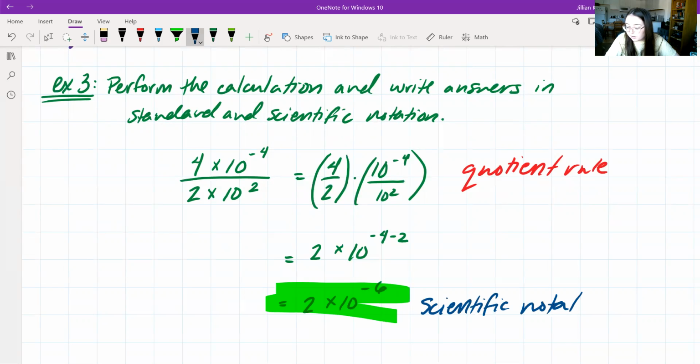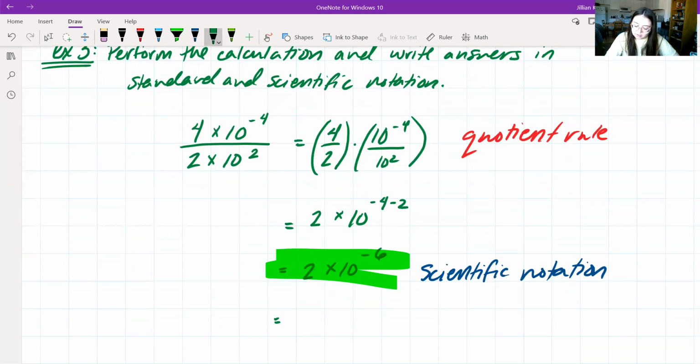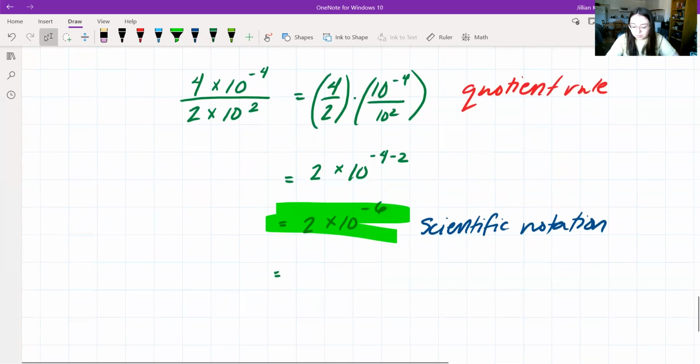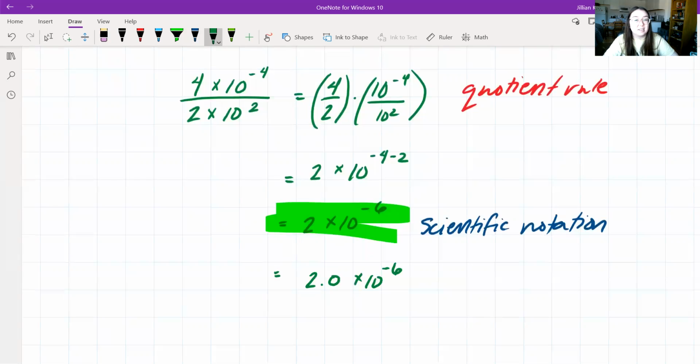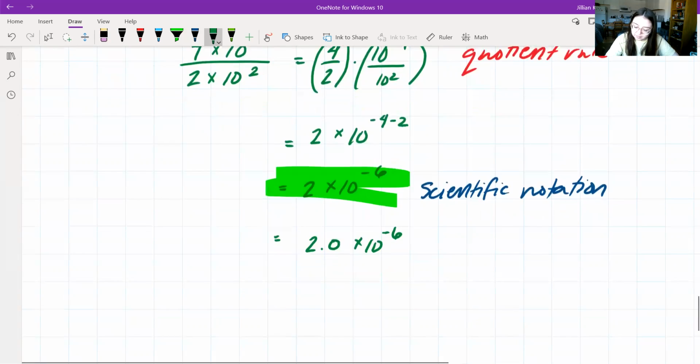But we also want our answer in standard notation. So if we have 2.0, we are now going to move our decimal place 6 places to the left. So we want to fill in those zeros again.